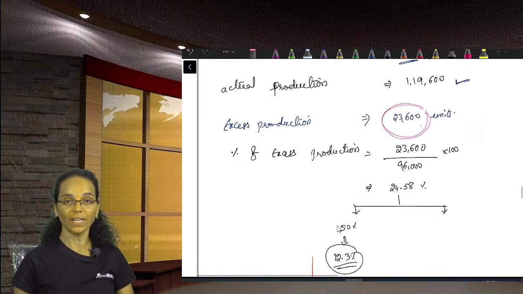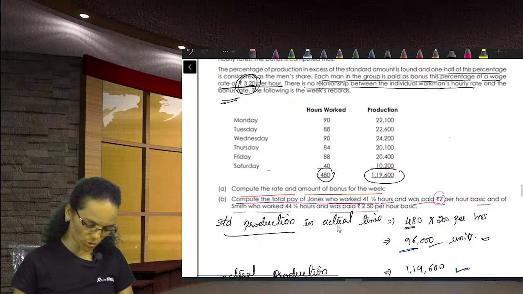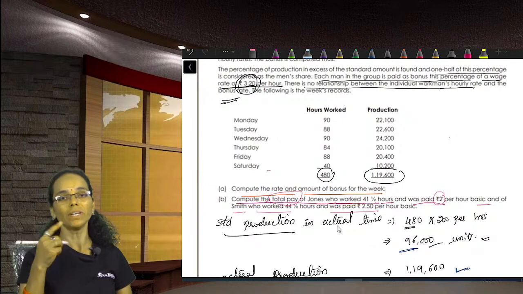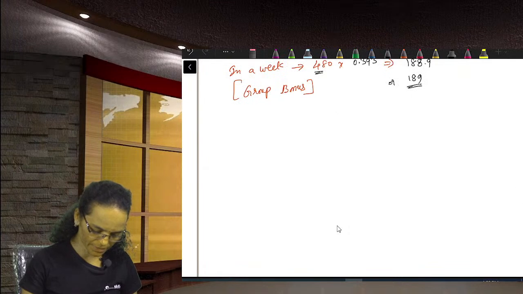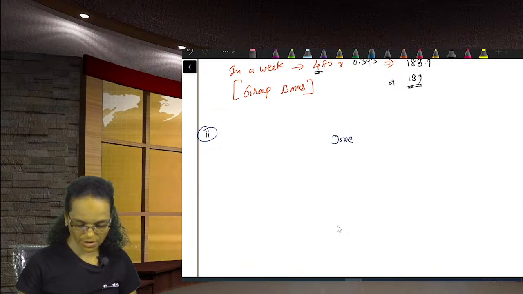Okay, we need to calculate these two employees' total pay. Total pay is nothing but the wages plus bonus. Second bit, one is John and the next one is Smith.